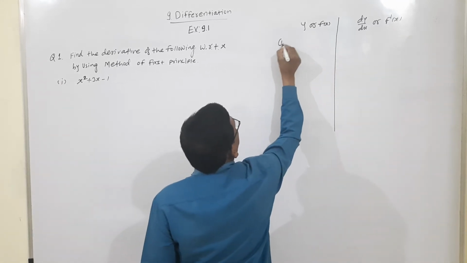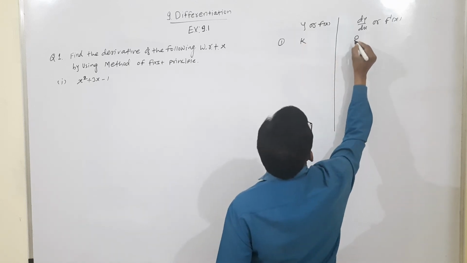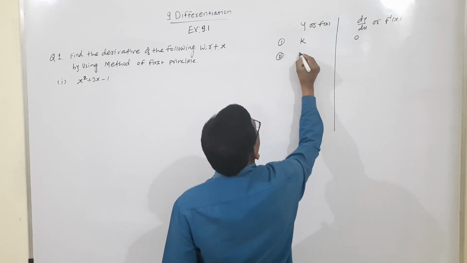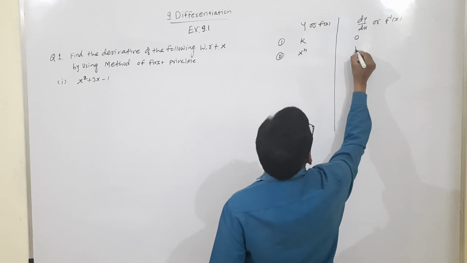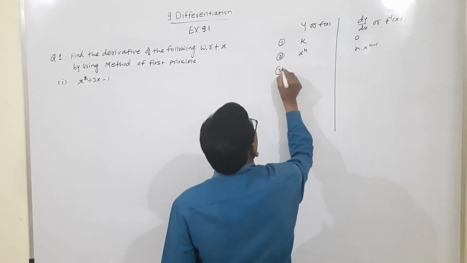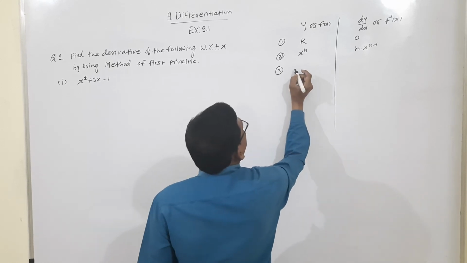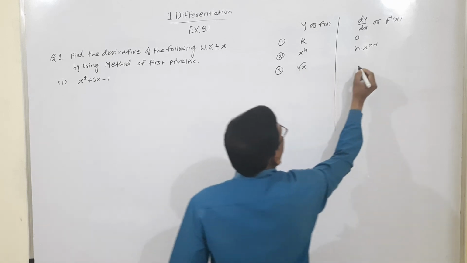So the first function is a constant function, its derivative is 0. The second function is x raised to n, a power function, then its derivative is n into x raised to n minus 1. The third function is root x; write down the derivative of root x is 1 by 2 root x.